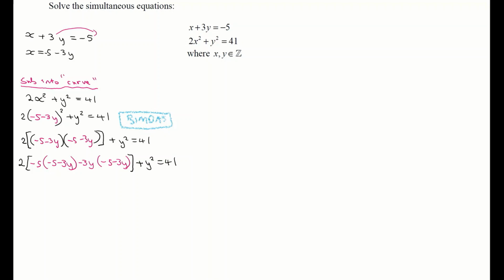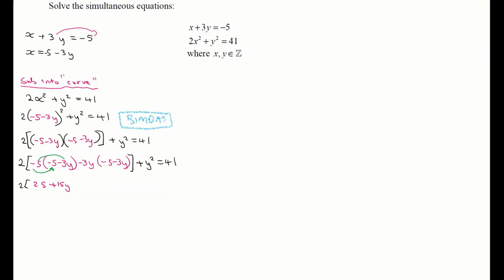Tidying up now inside the bracket, we are going to get minus 5 multiplied by minus 5, which is giving me positive 25. And then I'm going minus 5 multiplied by minus 3y, which is giving me positive 15y.